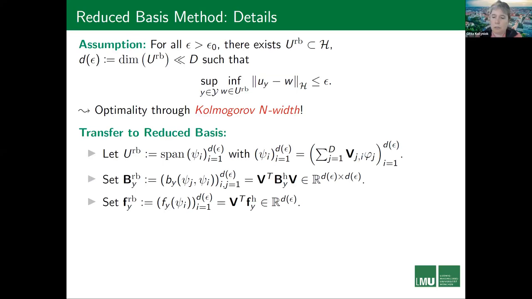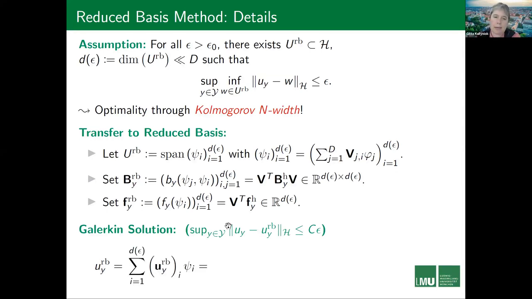Then I can also look at the solution in this reduced space in a very similar way as we saw before. I expand this solution in terms of my basis from my space. This gives me this coefficient vector. Remember, the dimension of the tiny space is d of epsilon.